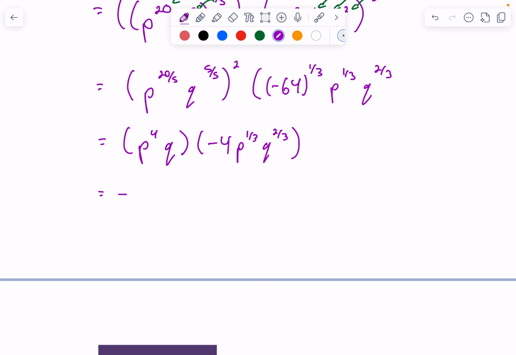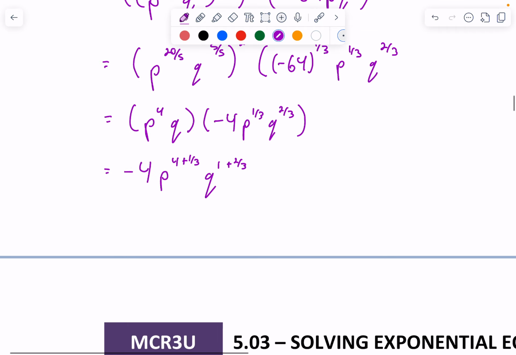So we have minus 4 p 4 plus 1/3, and then we have q 1 plus 2/3, with your final answer being negative 4p. Well, 4 plus 1/3 is the same as 13/3. And then q, what's that, 3 plus 5/3. There you go.